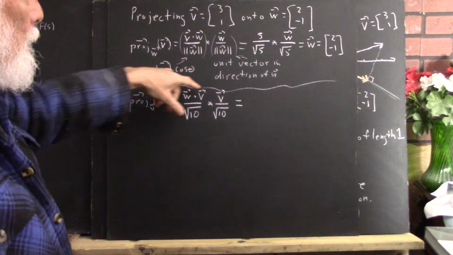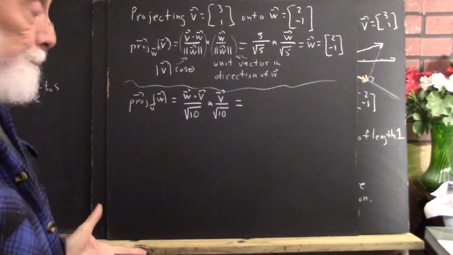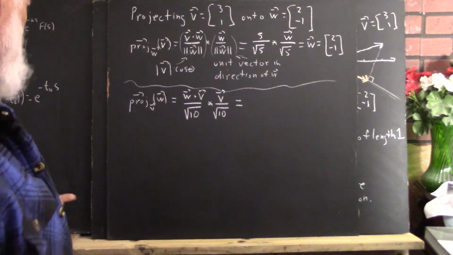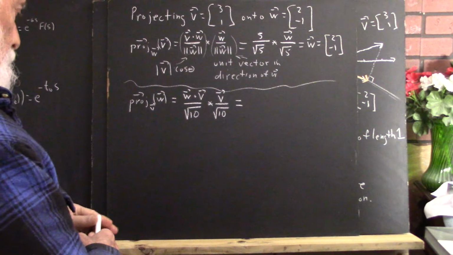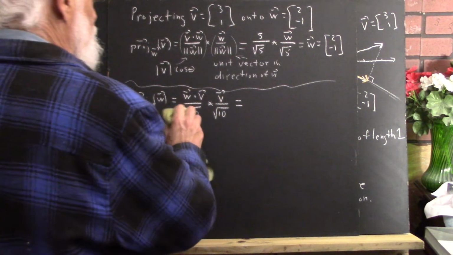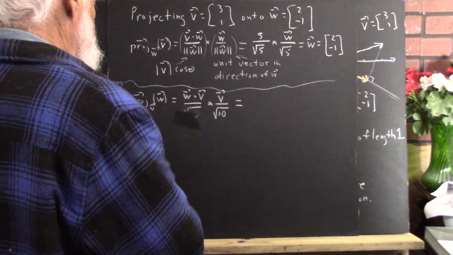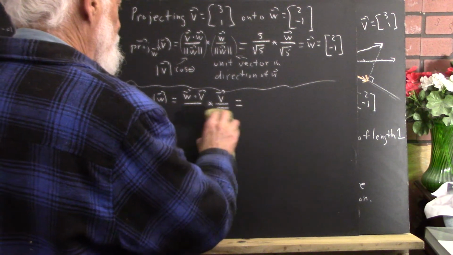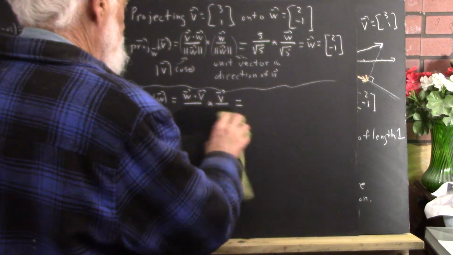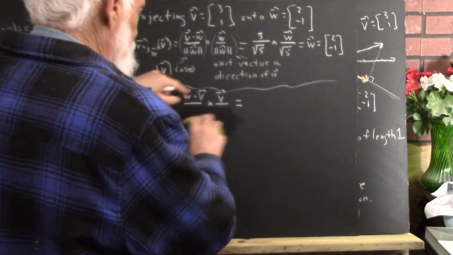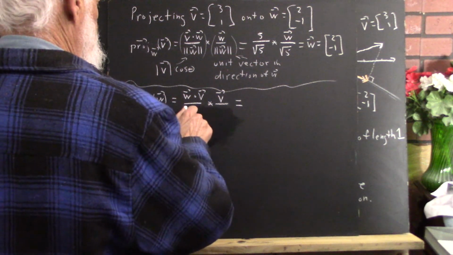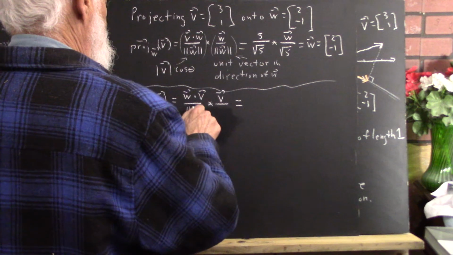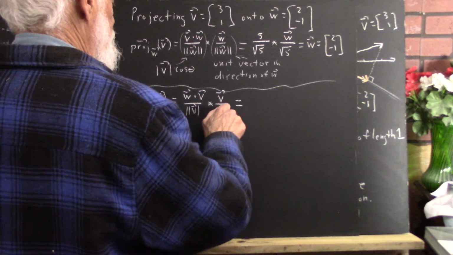Well, I could have done W dot V, and really I probably should have. Let me back up and write this out. We've established that the magnitude of V is the square root of 10, but since I'm not doing any substitution in these expressions at this point, it would have been better to write out the entire expression.